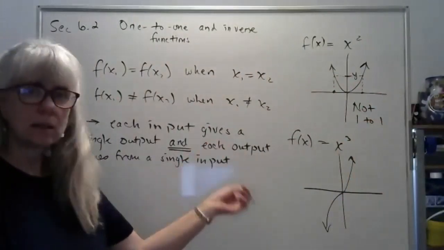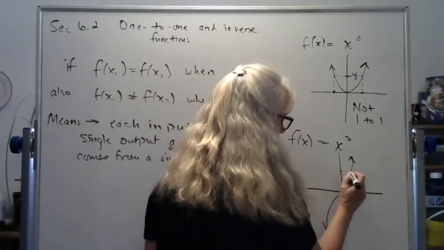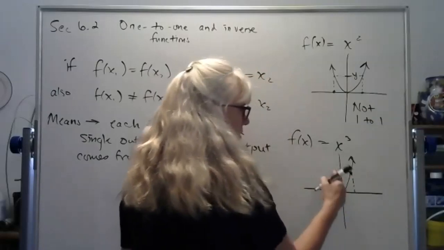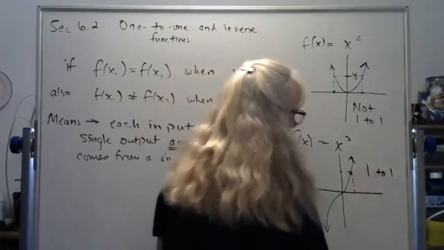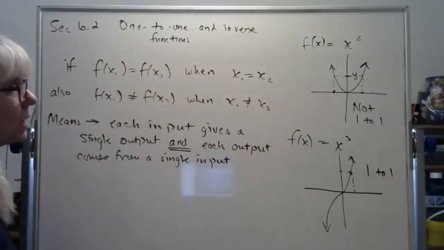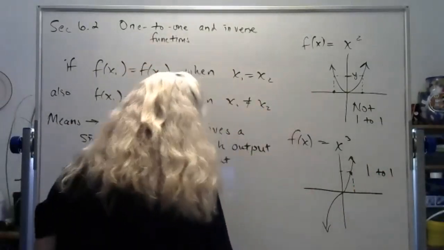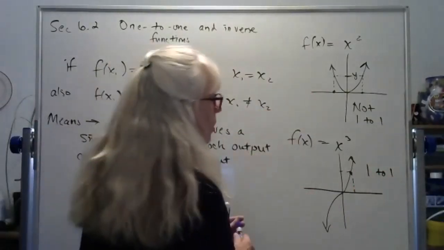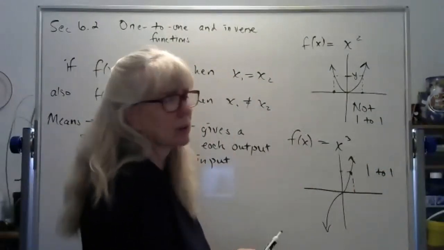What about the S shape? Well, every single y value we pick on it has a single x value that it is coming from. So this is one-to-one. So dealing with two functions that we've already looked at, we can see one is one-to-one and one is not one-to-one. So what this translates into is a horizontal line test, which works nice for us because we know the vertical line test.